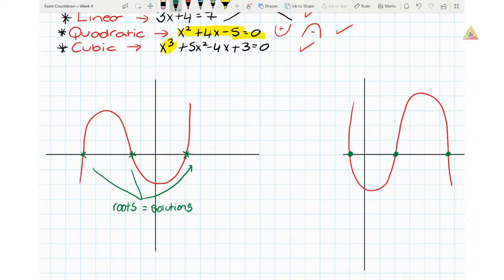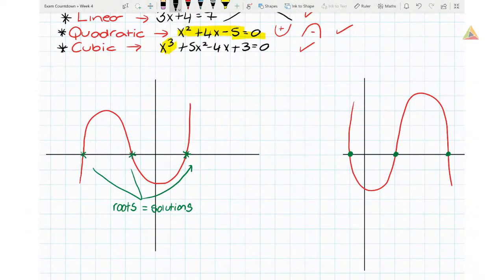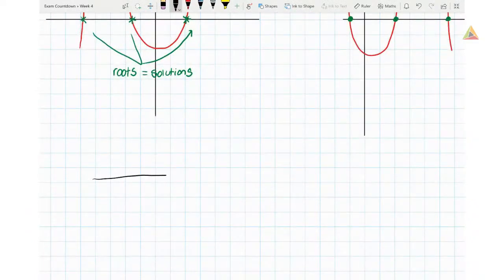Now, those are not the only 2 types of cubic equations or cubic functions that we can graph. We could also come across cases where, if we have our x-axis and our y-axis, the cubic actually just crosses the x-axis at 1 point. It's still a cubic, so it's still an S on its side, which means it should have 3 solutions because the highest power of x is a 3.